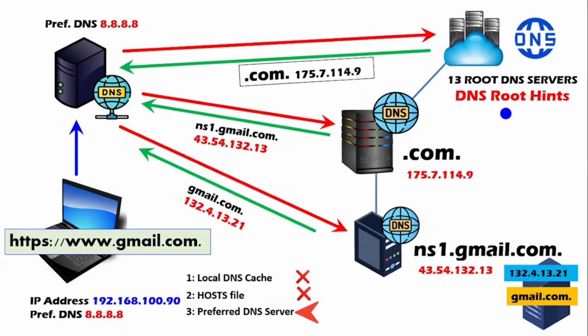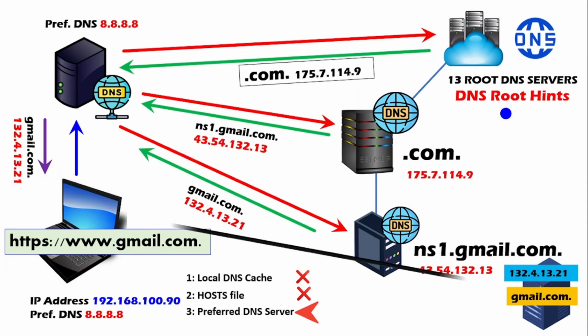And this preferred DNS will hand over the same IP address to our computer, and then this computer will be able to directly talk with our web server. So this is the entire DNS name resolution process.